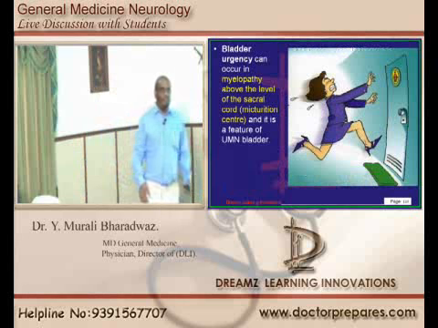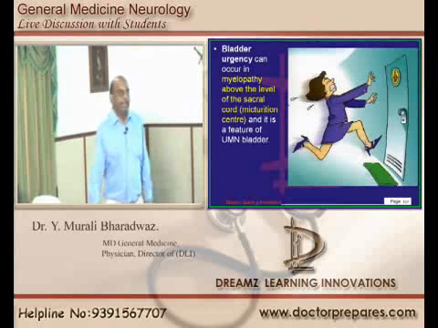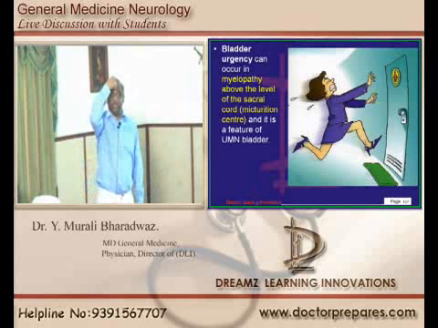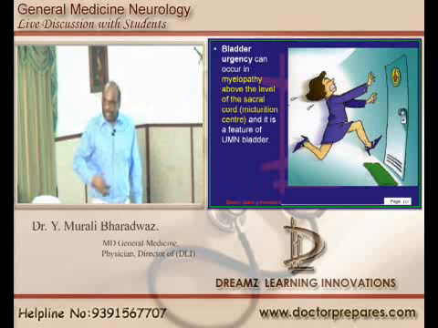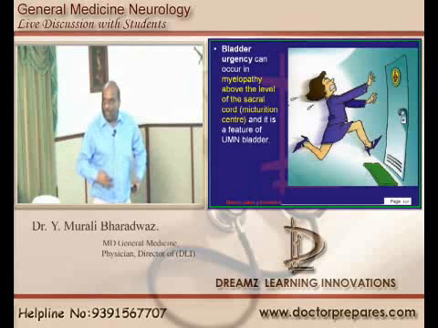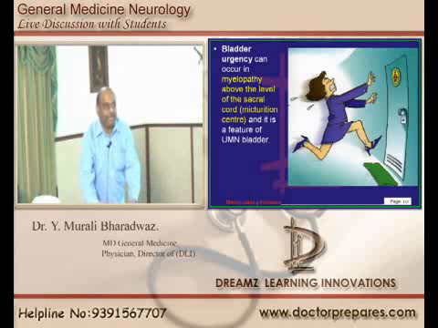Now bladder. Bladder is also a muscle. Typically, it is controlled by one micturition center in the frontal lobe. It is also controlled by the hypogastric plexus of nerves, which are typically located in the spinal cord at the lumbar and sacral level, lumbosacral plexus, which will be supplying parasympathetic innervation to the bladder.